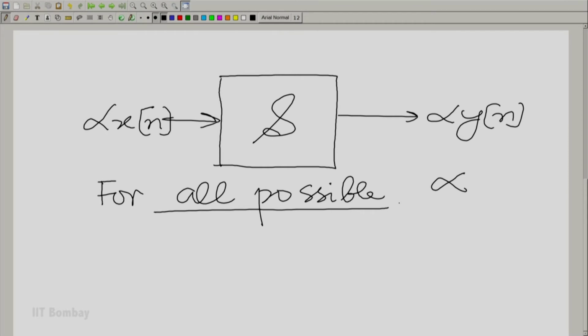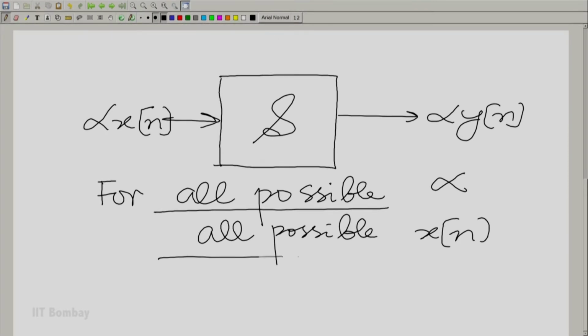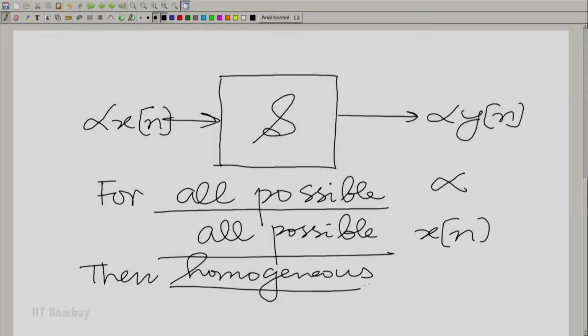This is very important, for all possible alpha and for all possible x of n, then we say the system is homogeneous. Another way of saying it is the system obeys the property of scaling, or it is a system that obeys the property of homogeneity, whatever you like to say, they all mean the same thing.